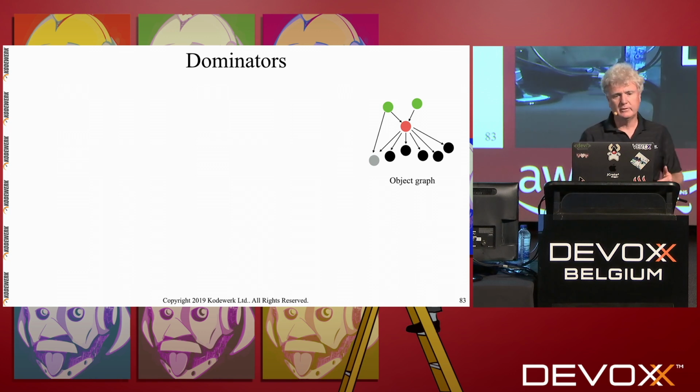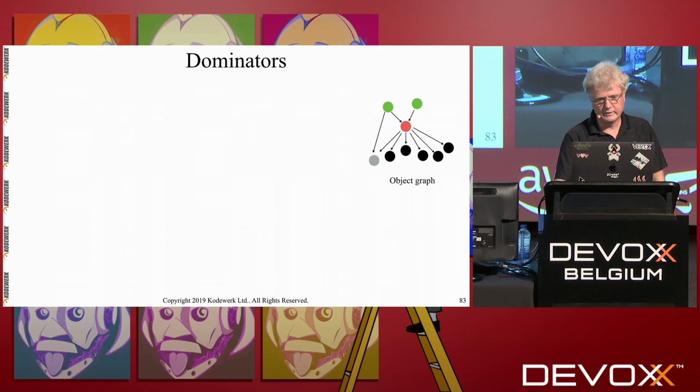I'm going to define a retained set size: if I have a node in a graph, what is the size of all of the things that this node points to? That would be the retained set. So we're looking at the size of the retained set.